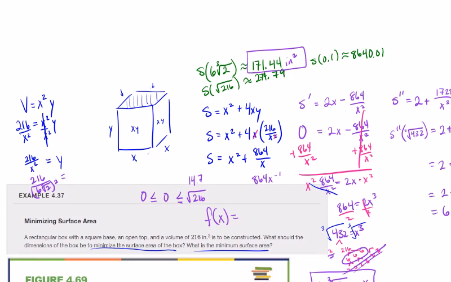And this is going to equal our y, or the height, right, of our box. So let's plug that into our calculator: 216 over 6 cube root 2 quantity squared. And that gives us approximately 3.78 inches for our height.